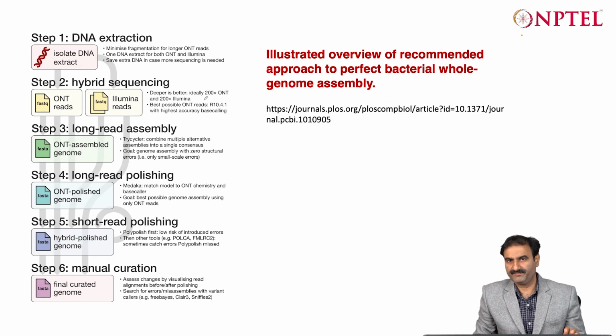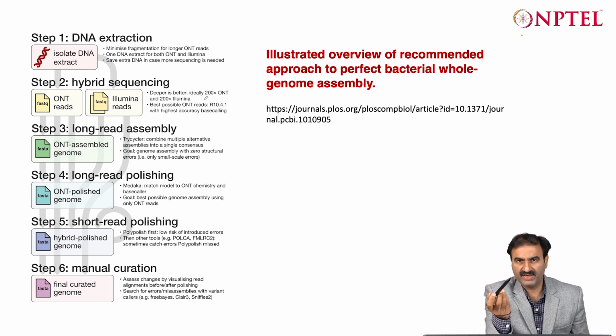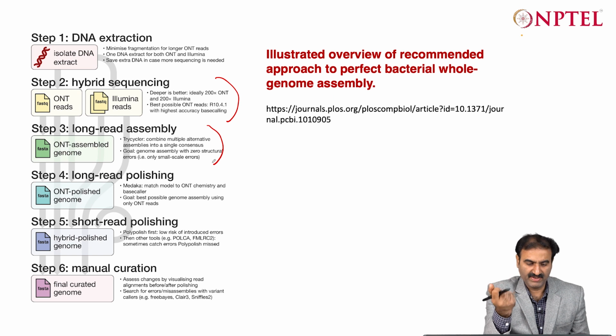Just to give you an overview again of the steps. The first step is the extraction of DNA from a pure culture, right. This is followed by either a single type of sequencing, like long read or short read, or a hybrid sequencing where you use both long reads and short reads, like ONT and Illumina reads together. Then you assemble the long and short reads separately or together, constructing a hybrid assembly.